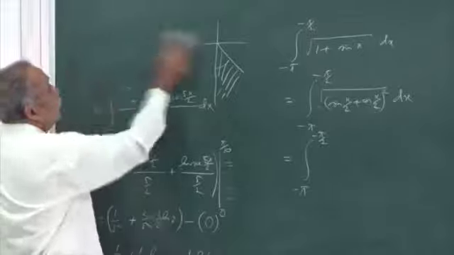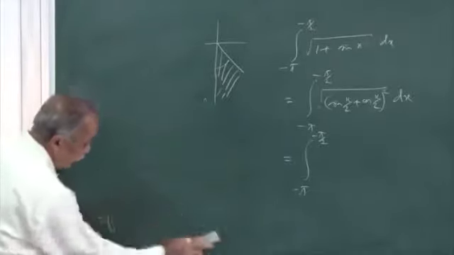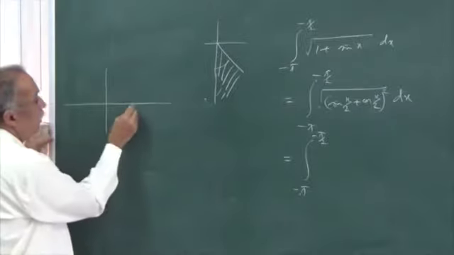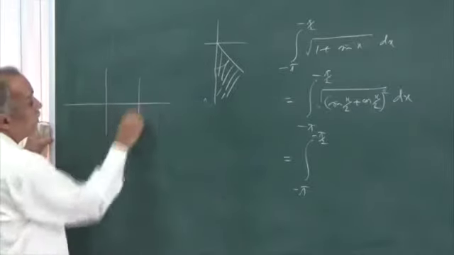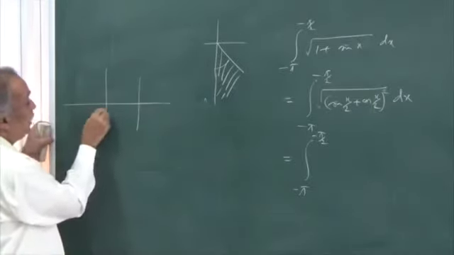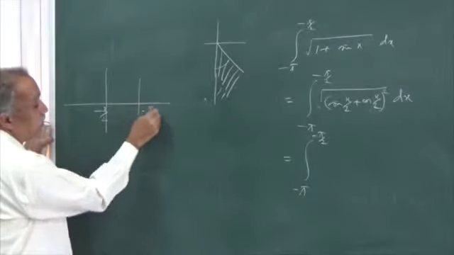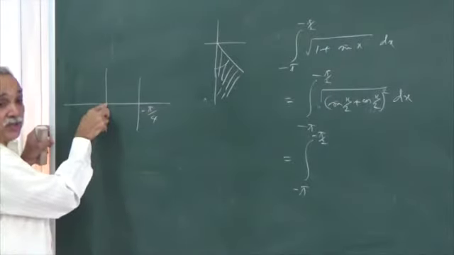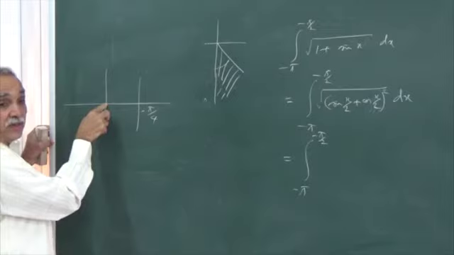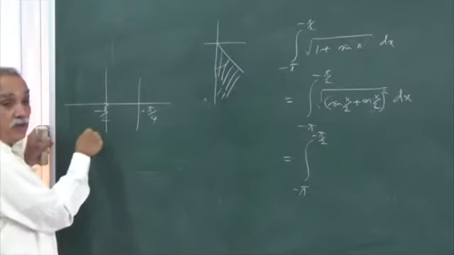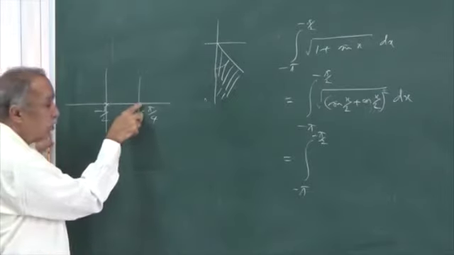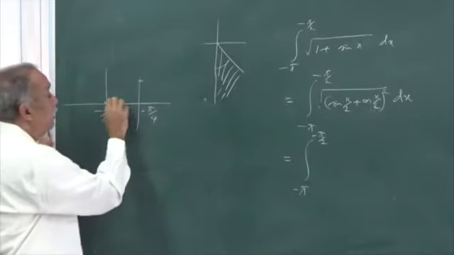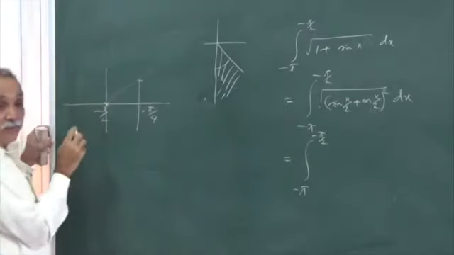The interval is minus pi by 2 to minus pi by 4. At minus pi by 2, cos is 0, and cos at this point is 1 by root 2. Am I right? Graph may be something like this.